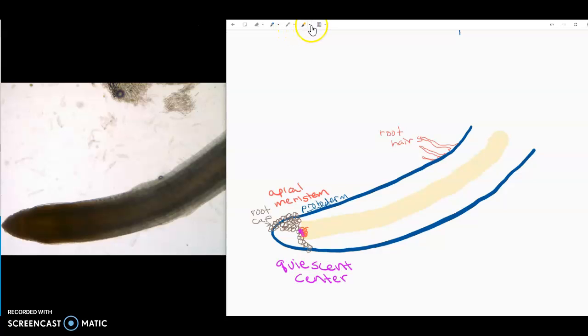Just inside to that protoderm, looks like we kind of have a darker layer there, just outside that central tissue. And that is some ground meristem. If you were to look at it in cross section, that would surround that central core. Okay. So your ground meristem there.